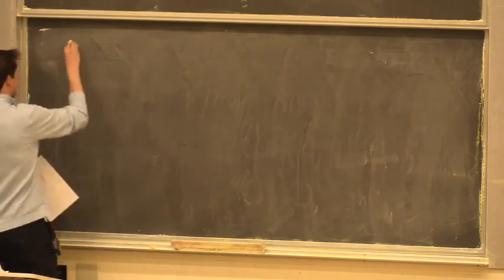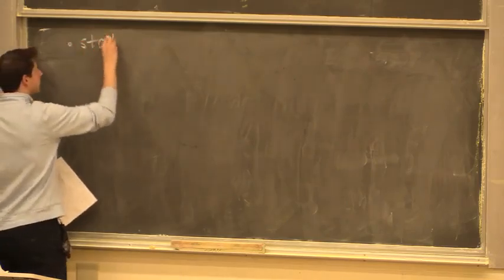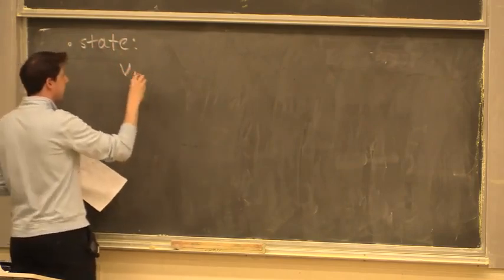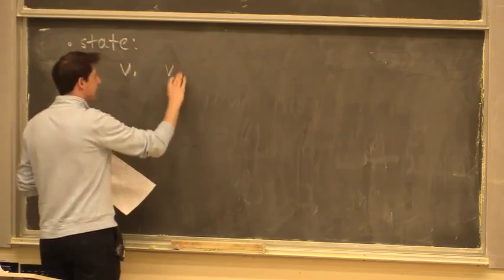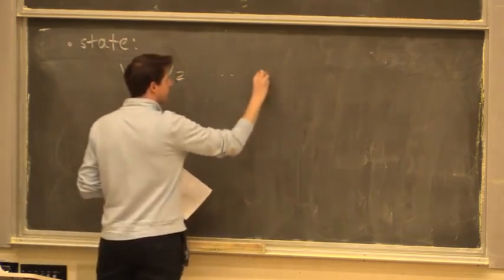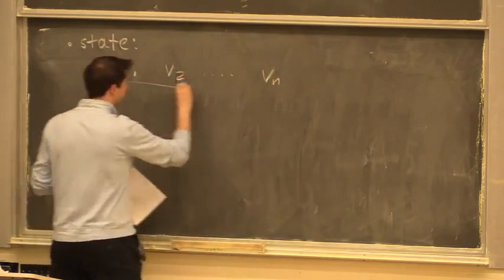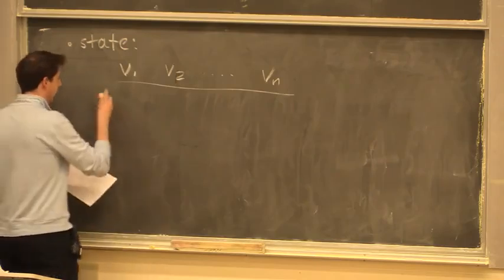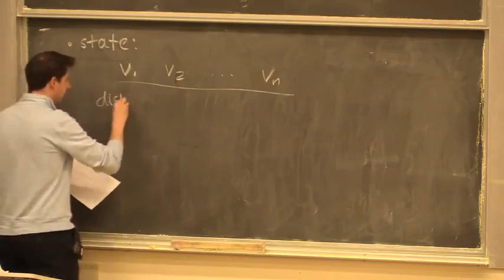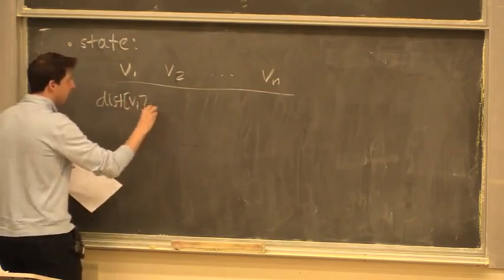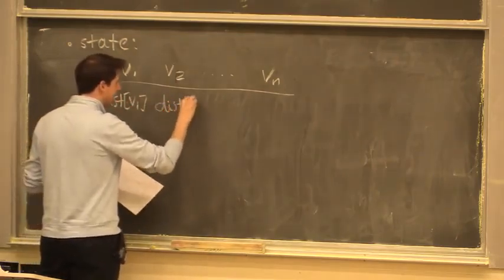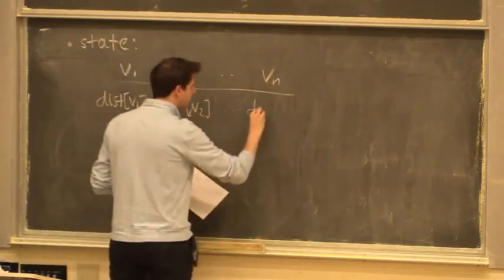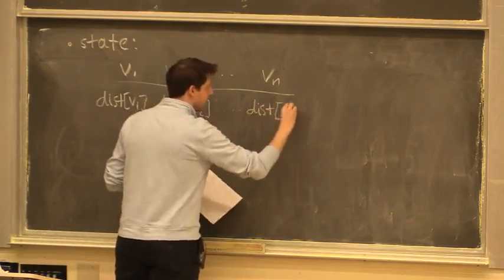So the state of the algorithm, just to make this a little bit more precise, will consist of two things. First, we'll have the working best estimates of distances for all the vertices. So we're going to have an array where for all the vertices, we're going to have some distance, okay? So at the end of the algorithm, this will literally be the correct answer, but halfway through the algorithm, it will be some estimate.